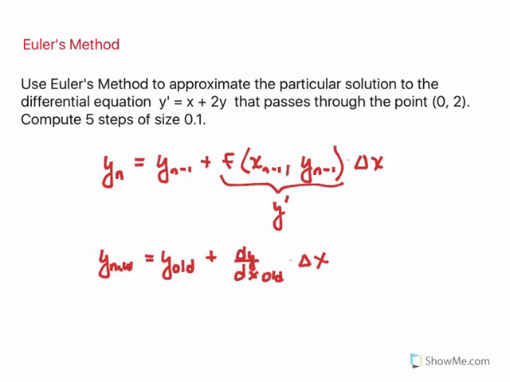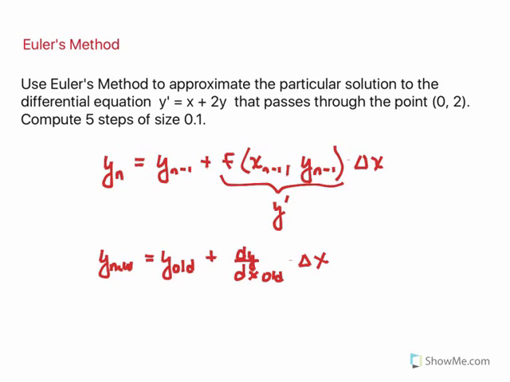Now an alternate way I like to think of it is that Euler's method works as an iterative process in which each successive point builds off of the previous one. So I like to think of Euler's method formula as stating instead that the new y value is equal to the old y value, the one from which you are working, plus the value of the differential equation, your derivative, at that old value times delta x.